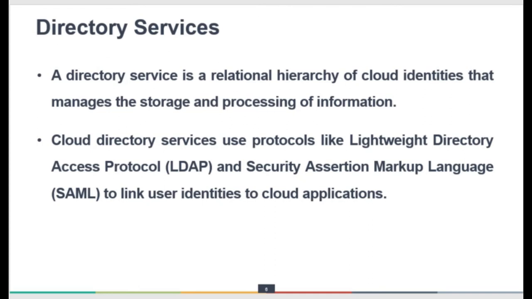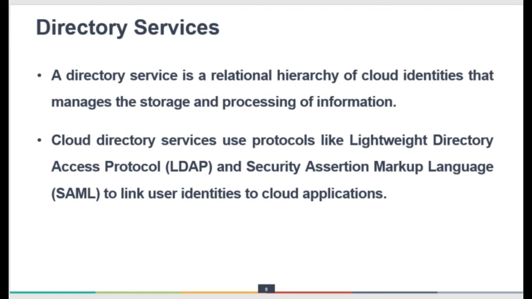Directory services are a relational hierarchy of cloud identities that manages the storage and processing of information. In the on-prem world, Active Directory is a key example of a directory service, which offers authentication, policy enforcement of the corporate policy, and other services for an enterprise organization.